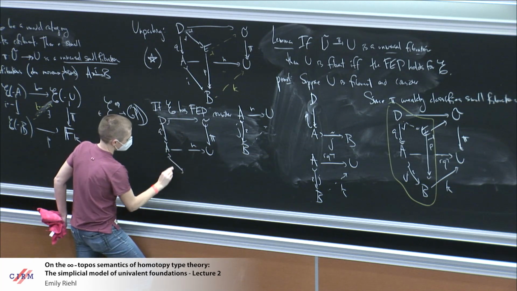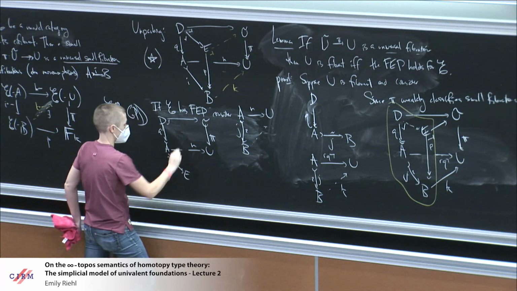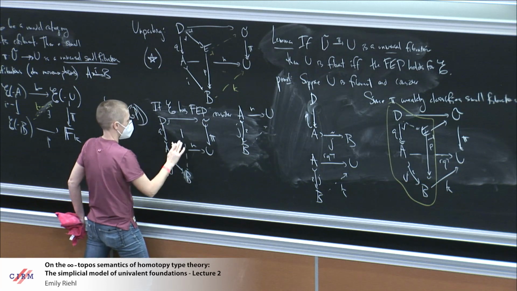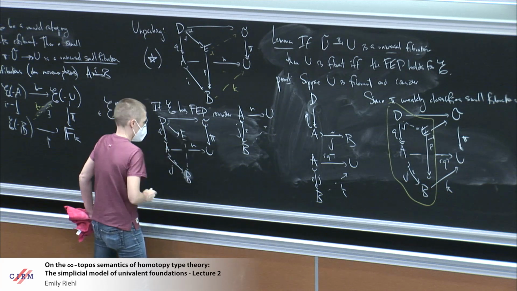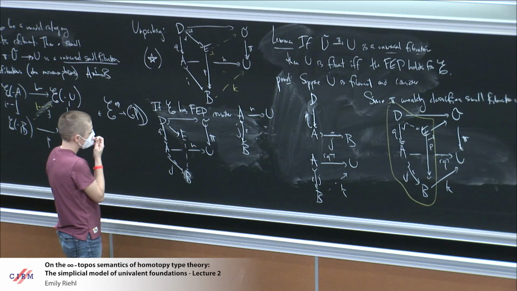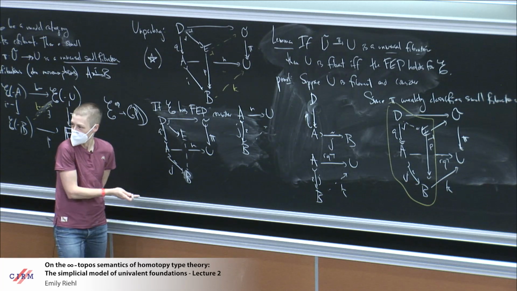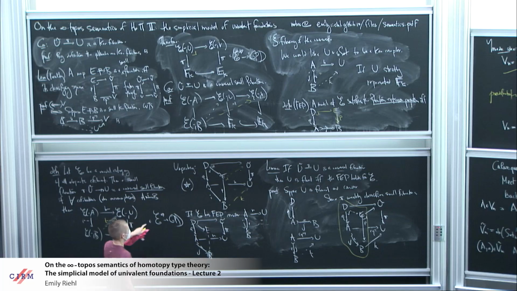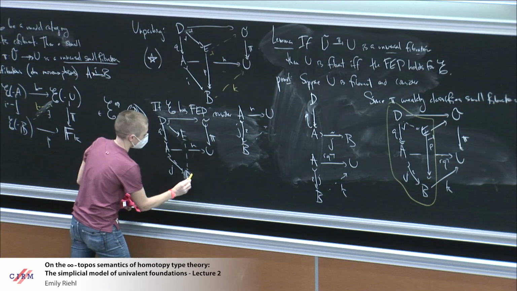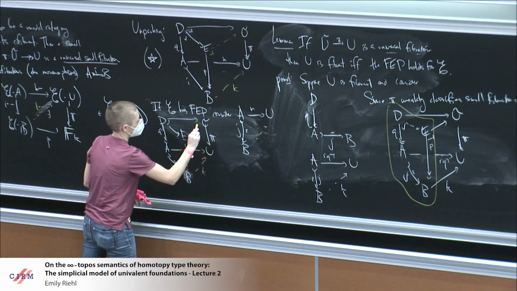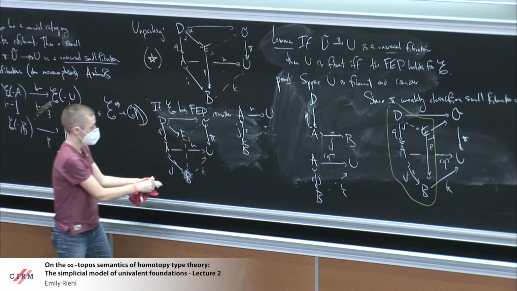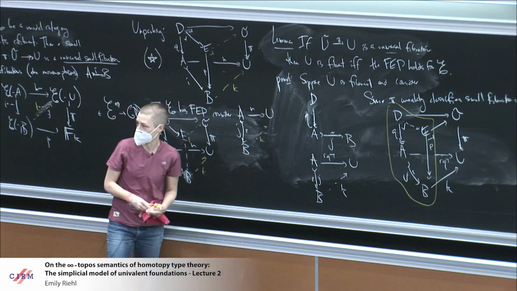Now using the fibration extension property, I can extend that fibration to a fibration here that pulls back to the original one. And I'd be kind of stuck at this point were it not for this acyclicity property that I suppose is right here, which is that in this configuration, I'm entitled to an extension here and an extension here that factors the back pullback through the front pullback. And in particular, this K is my solution to the lifting problem.